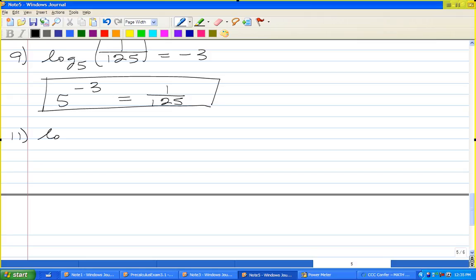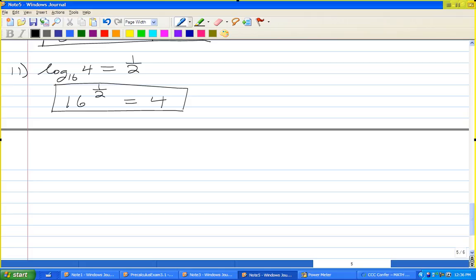Log base 16 of 4 is 1/2. And so the base is 16, exponent is 1/2, result is 4.